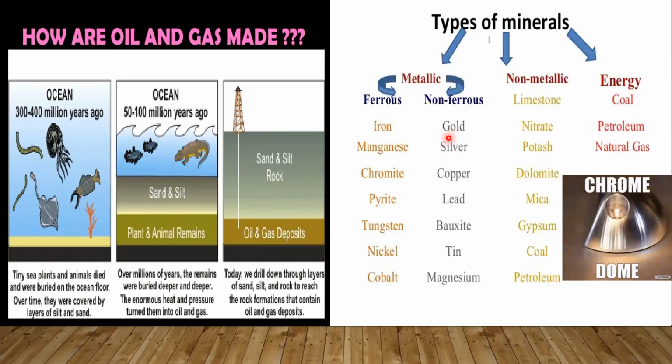Non-ferrous minerals are gold, silver, copper, lead, bauxite, tin, and magnesium. Coming to non-metallic, they are limestone, nitrate, potash, dolomite, mica, gypsum, coal, and petroleum. Among these, energy resources are coal, petroleum, and natural gas.